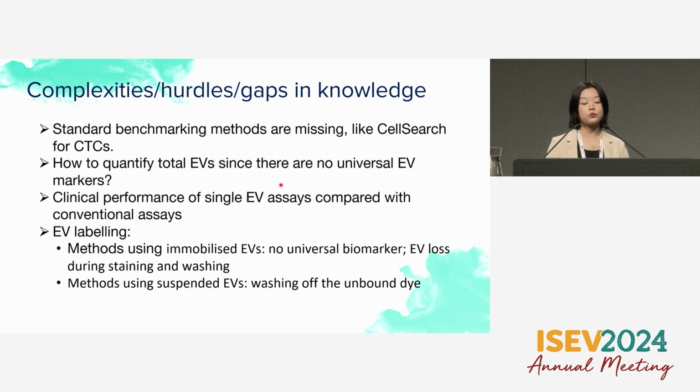Then the question is how we are going to quantify the total EVs. For example, in the previous work from Professor Weisleder's group, they used a pan-EV reference that labels all the free amines in the sample. That actually has a high requirement for the purity of the samples that they analyze.